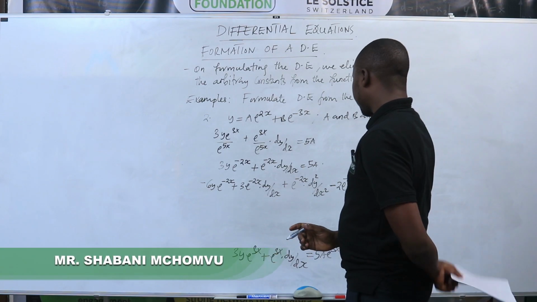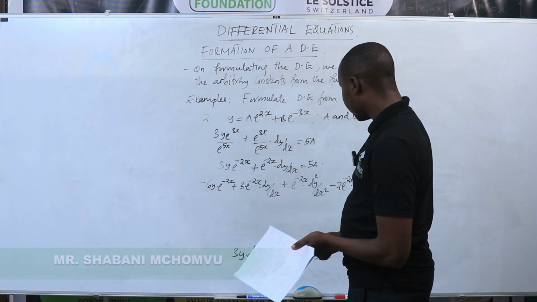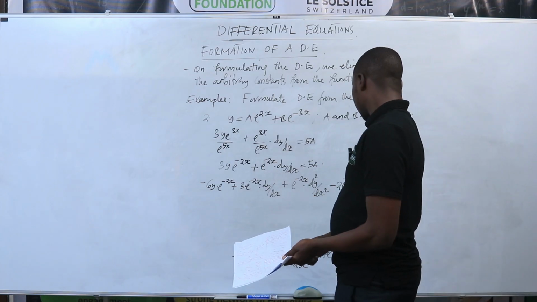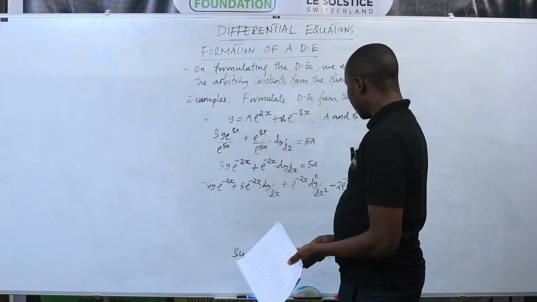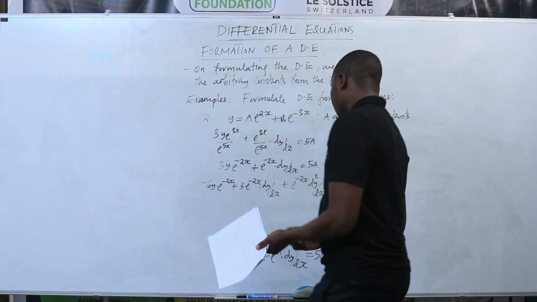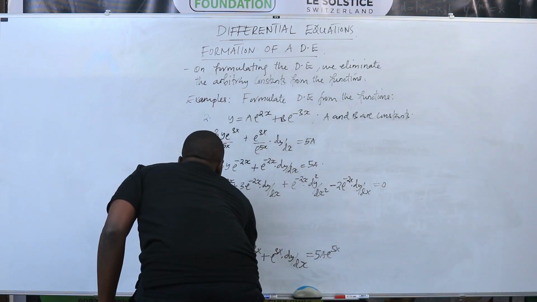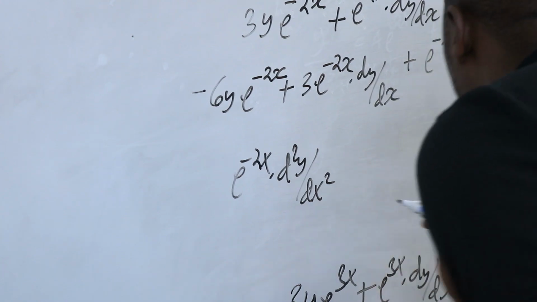So from there, now we can collect the like terms, the terms with the same differential coefficient. For example, the second derivative here has no pair, so it becomes e negative 2x, d squared y over dx squared.